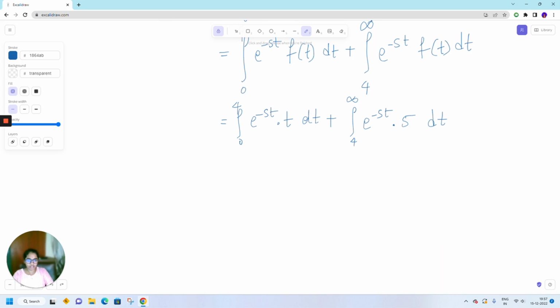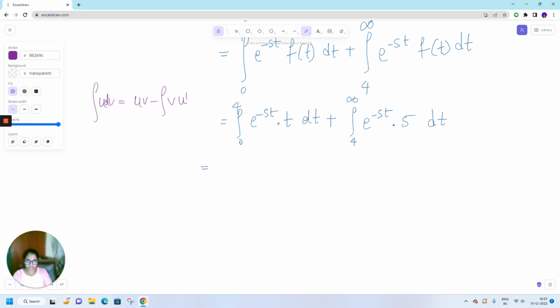Let me first solve the integral of the first one. How do you find this integral? I hope you remember the UV rule in integration. What was that? If you have u into dv, the formula would be uv minus integral of v into u dash.